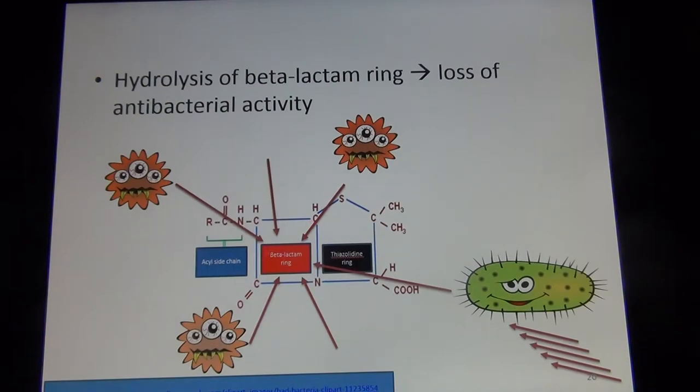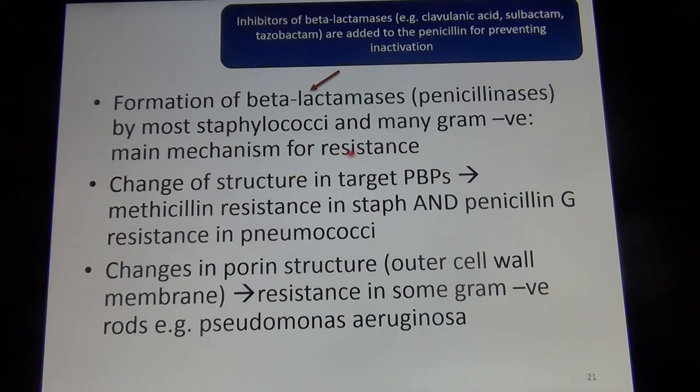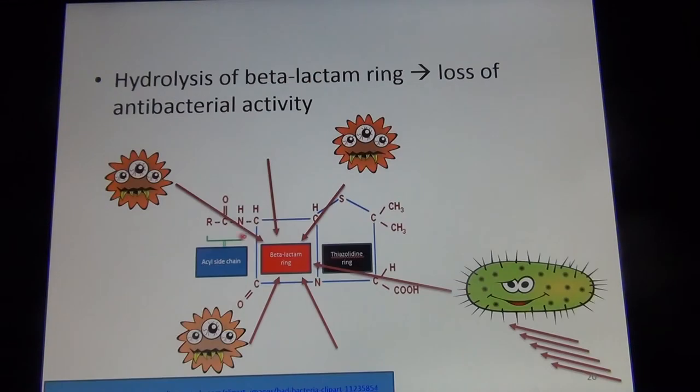We know that penicillins have a beta-lactam ring, which is central and fundamental for their action on the bacteria. So when bacteria produce beta-lactamases, they act on the beta-lactam ring, and the penicillins lose their antibacterial activity.